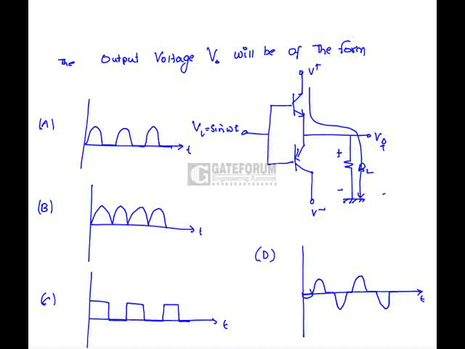This distortion is mainly because of the cut-in voltage of the diodes, because the input diode of the transistor is not going to conduct until the input voltage reaches 0.7 volts. Till 0.7 volts the output is going to be 0. That is what appears here.